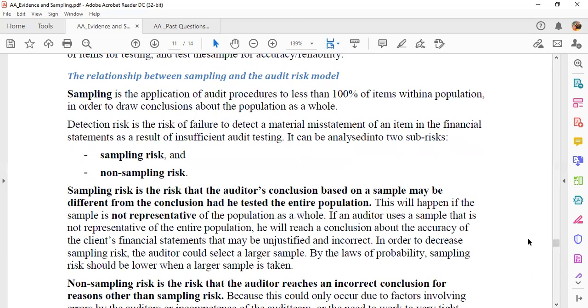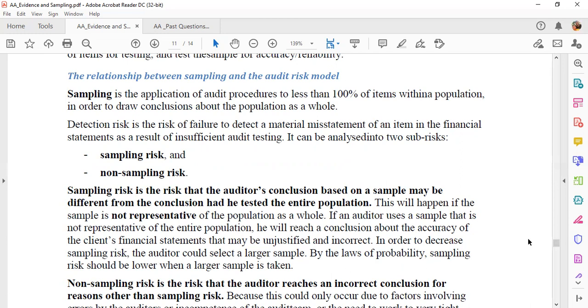Among these risks, inherent, control and detection risk, the only risk that the auditor has control over is detection risk. Inherent and control risk are outside the control of the auditor. And how can you reduce this risk?